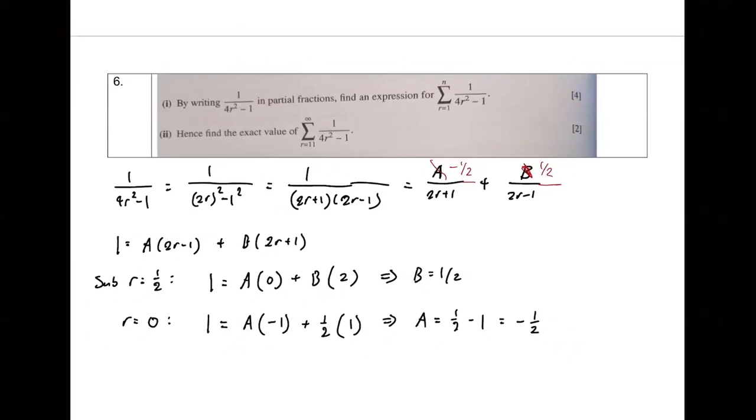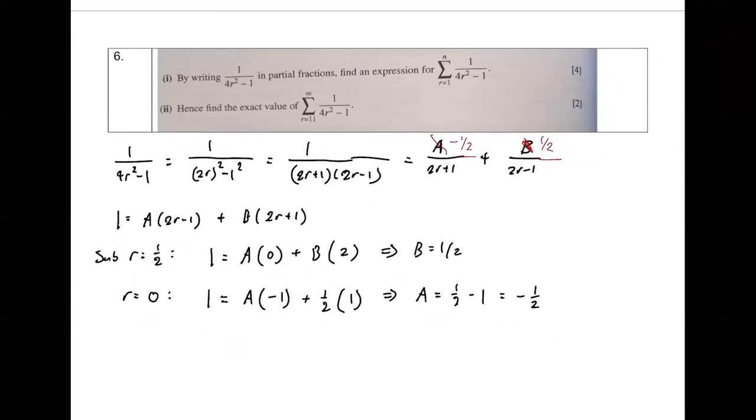Okay, then I can replace the a with a negative half, the b with a positive half. Good. So simplifying it, I'll swap them around. This guy onto the left, I get 1 on top, then 2 below, multiplied by (2r minus 1). Then subtract away 1 below and 2 bring down, multiplied by (2r plus 1). So now, partial fractions done.